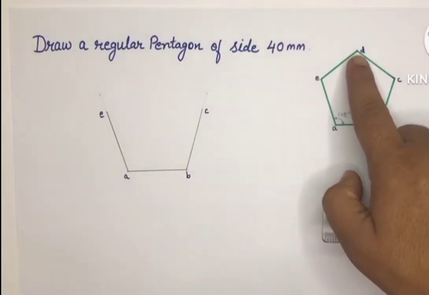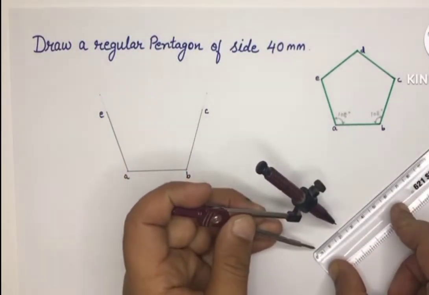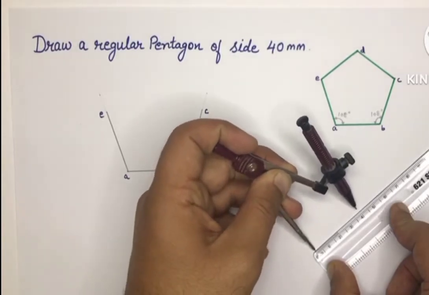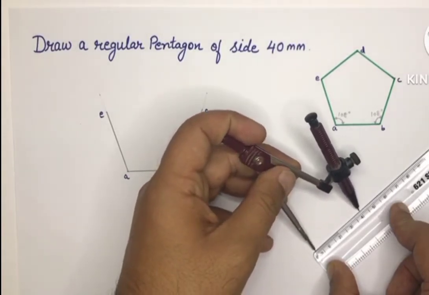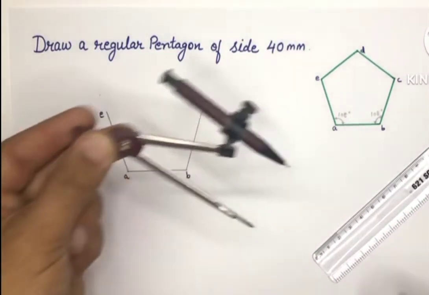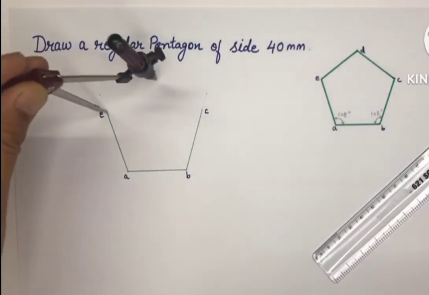Now to get point D, we can use a compass, measure 40 millimeter. We get 40 millimeter here. Place the compass needle on point E and cut an arc.